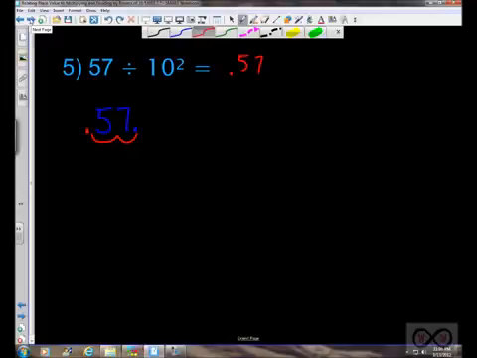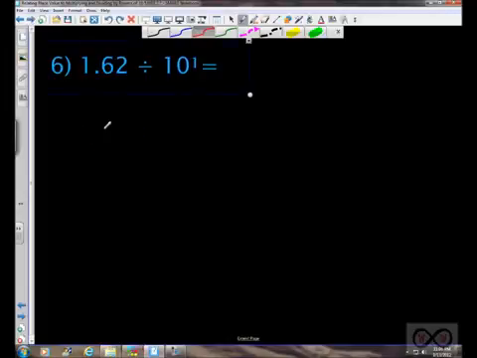You're probably thinking that. Good for you again. And we'll try this one. We've got 1 and 62 hundredths. Our operation symbol is division. So we're dividing by 10 to the 1st power. So our decimal point would now be located here. If you look at that and rewrite it, it would be 162 thousandths.